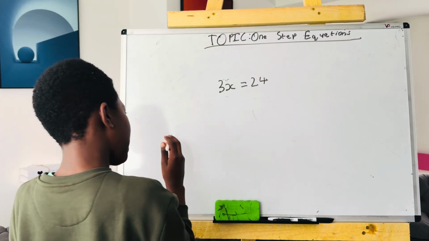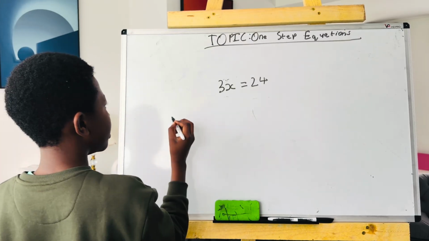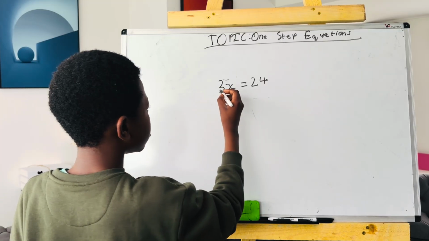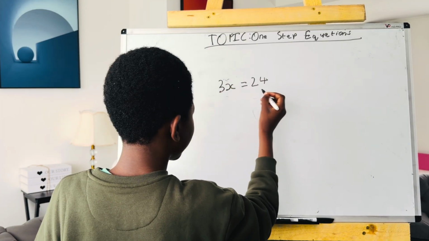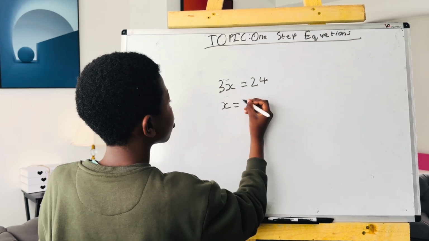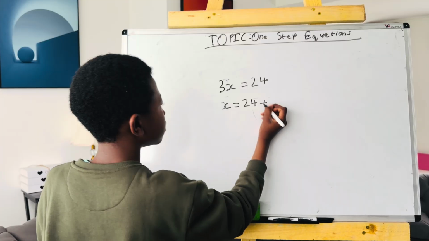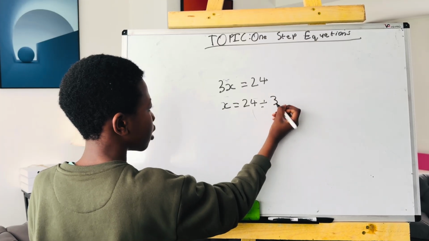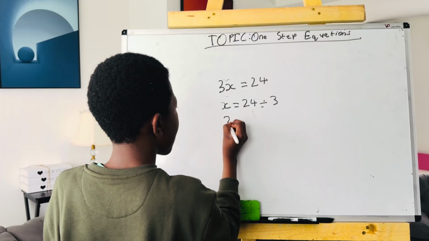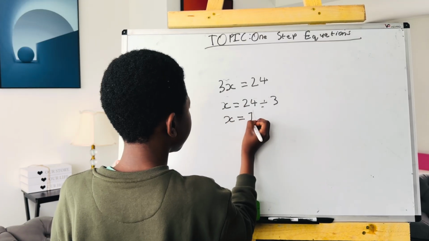The opposite of times is division. So the 3 is going to be divided into 24. So x equals 24 divided by 3. We've done the one step. x equals 8.